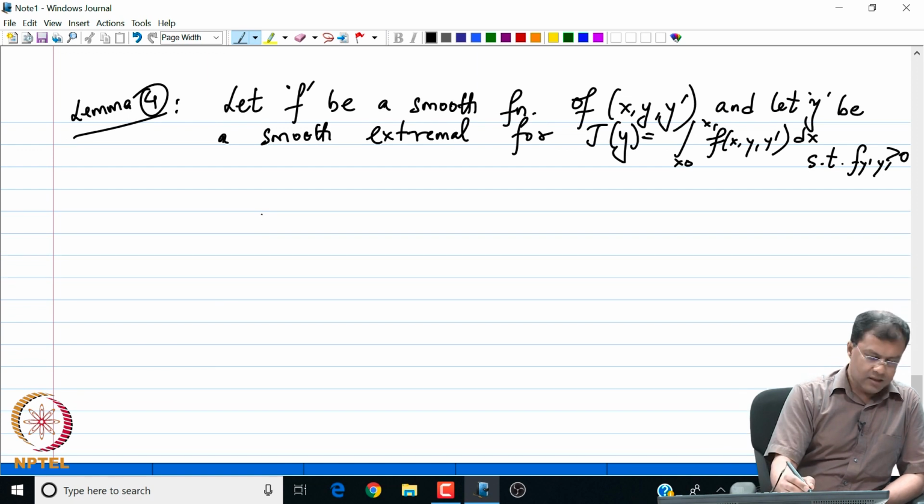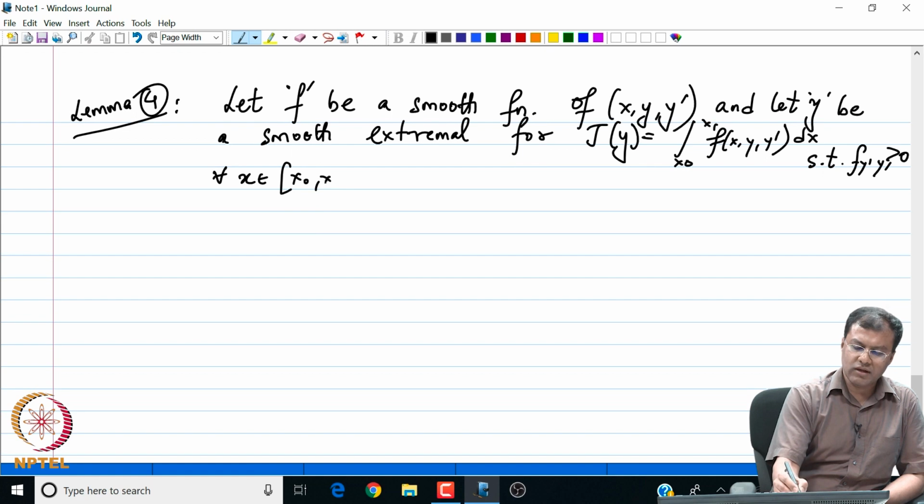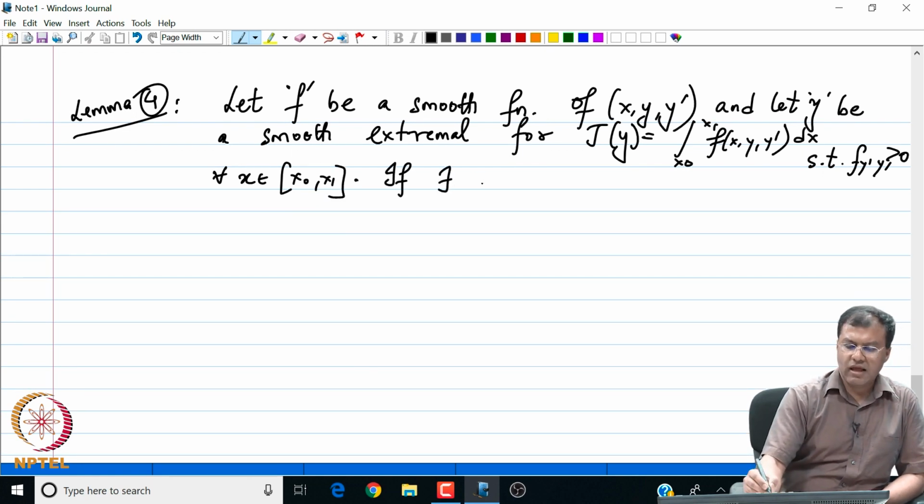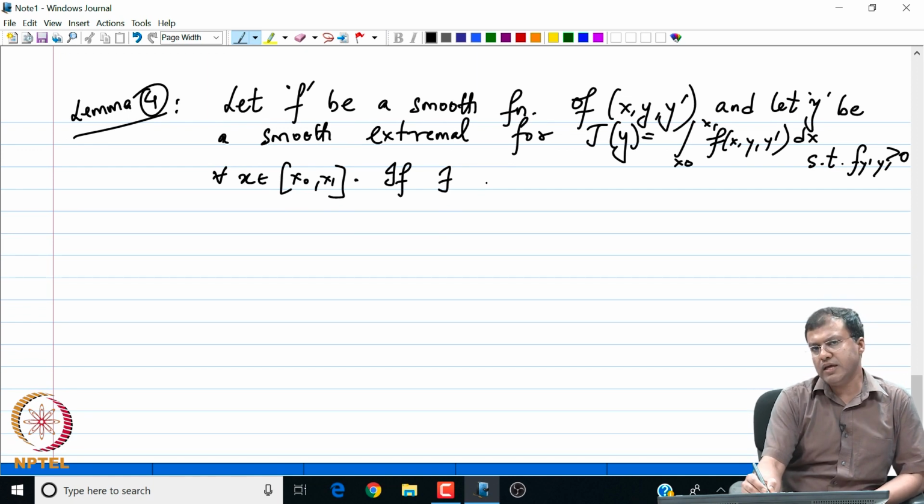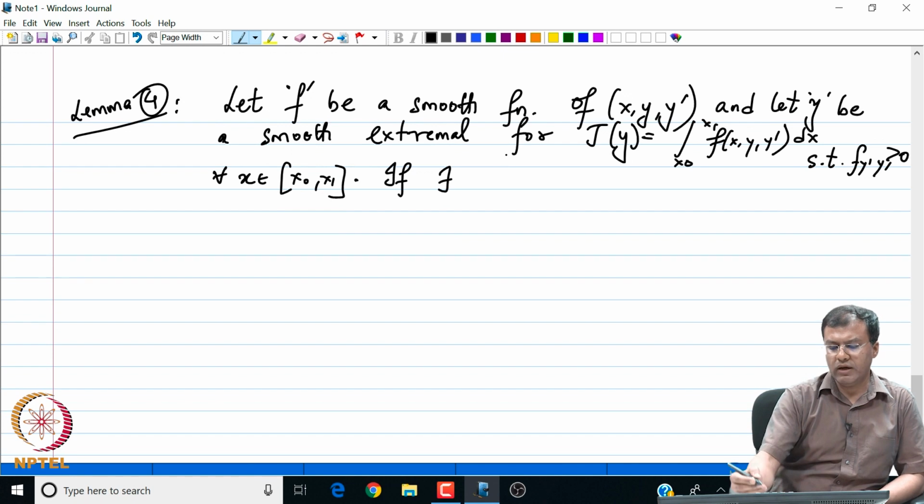Then this is for all points on the interval x0 to x1. Then if I can find a solution to my ODE that I had just mentioned, satisfying the ODE 5.